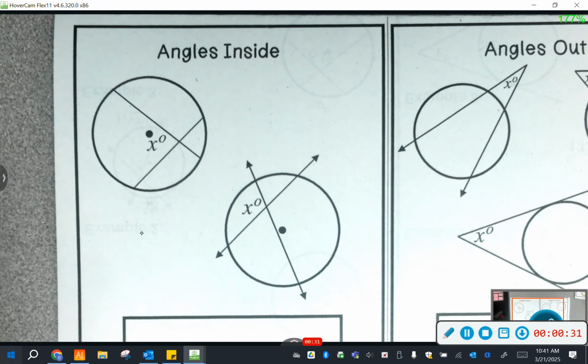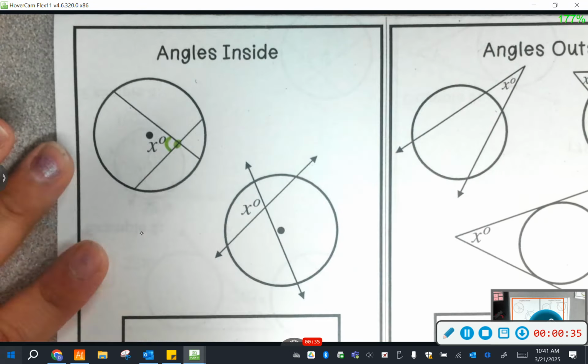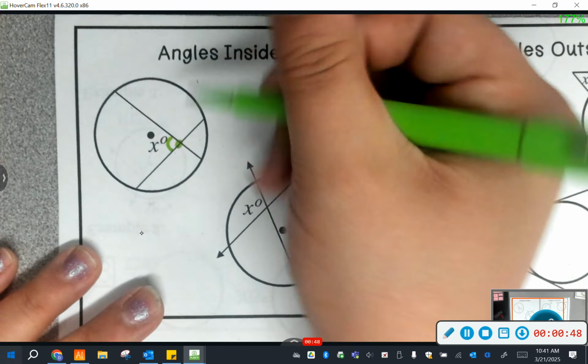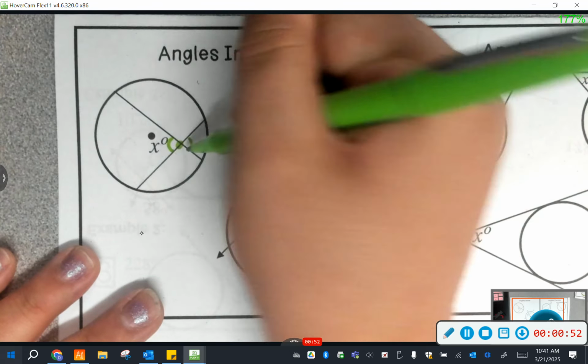Do you see how I have two lines crossing, and that creates this angle right here inside? Do you agree that angle inside is not at the center? We have a formula that we are going to have to memorize when angles are inside. Whatever this angle is, this angle will also be.